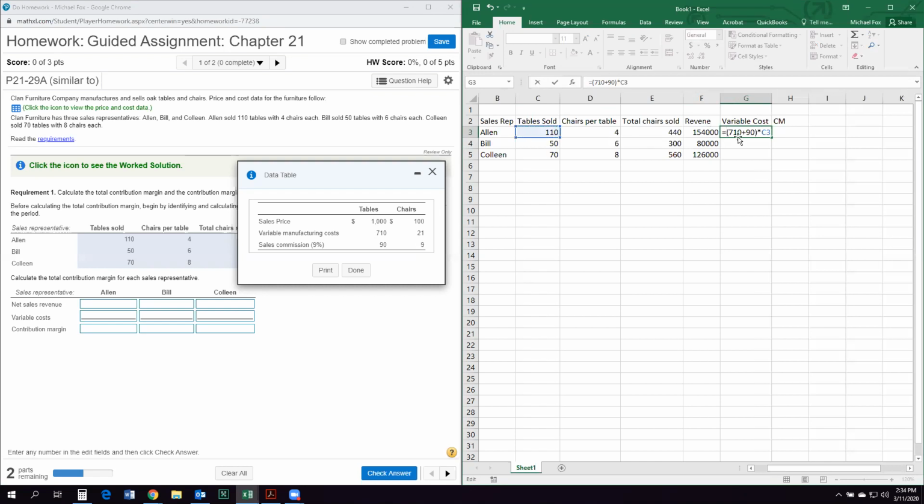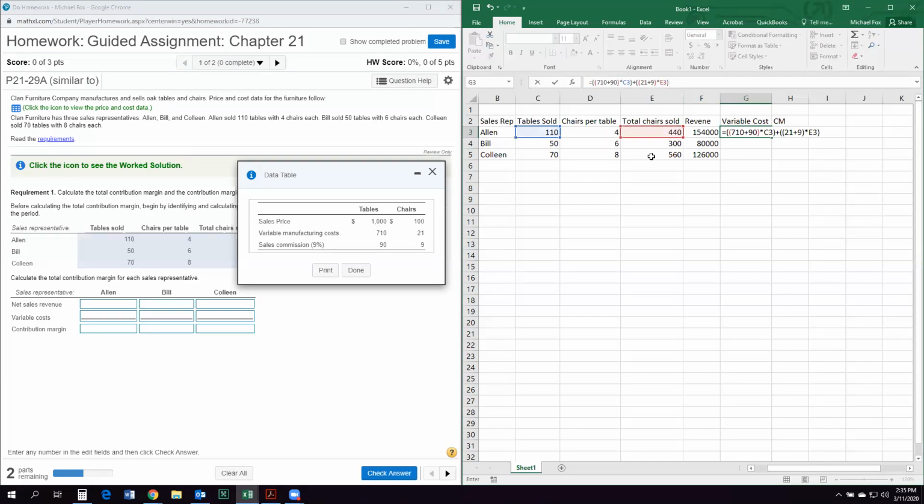That'll be my variable cost on my tables, plus the variable cost on my chairs, which is the $21 in variable manufacturing costs, plus the $9 in sales commission, times the number of chairs sold.